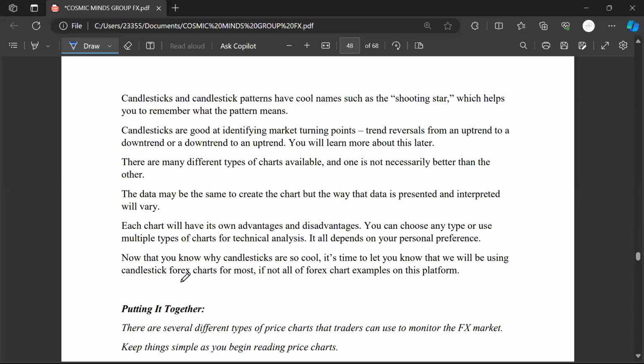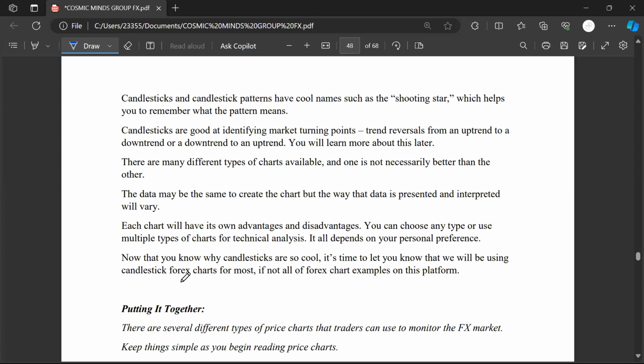The data may be the same to create the chart, but the way that data is represented and interpreted will vary. Each chart will have its own advantages and disadvantages. You can choose any type or use multiple types of charts for technical analysis. It all depends on your personal preference.